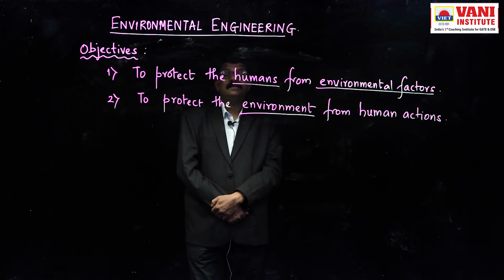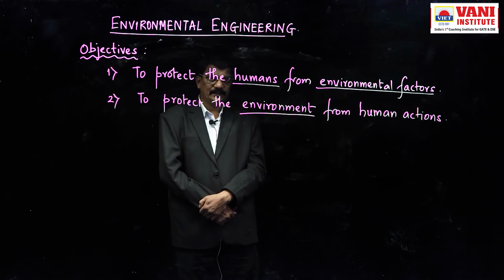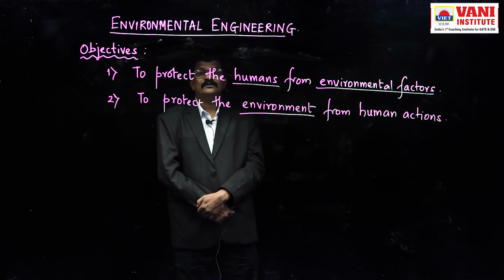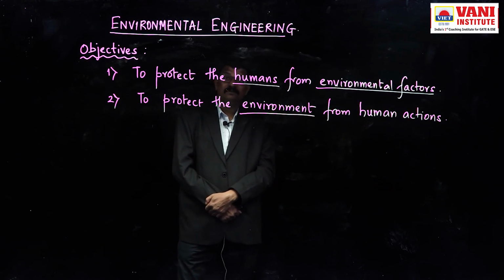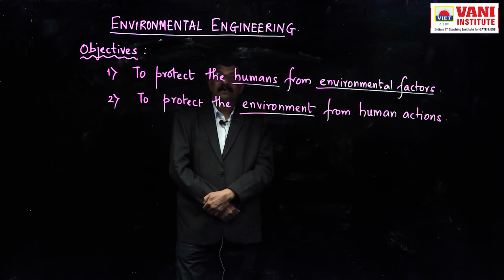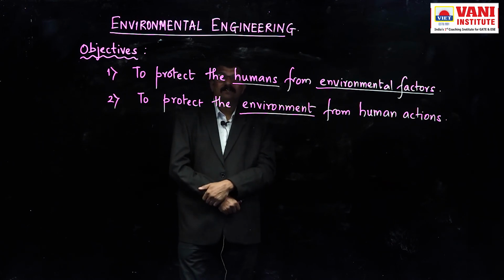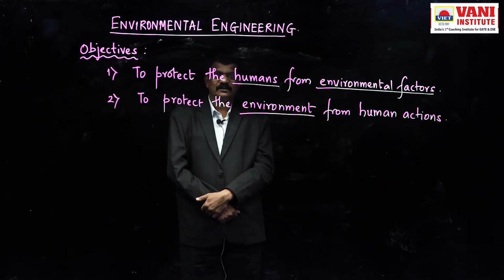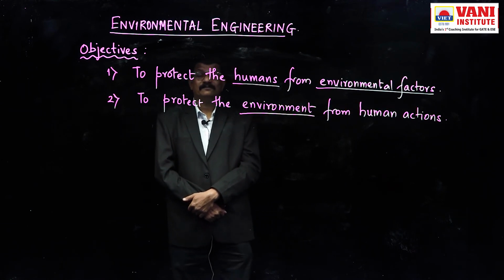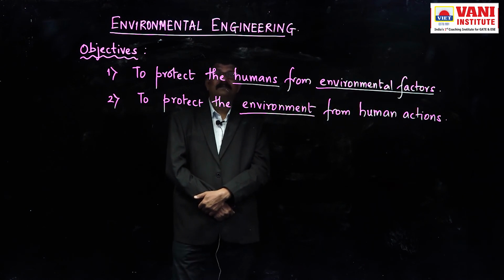The ambience is greatly affected by the noise, and hence it is the duty of the environmental engineer to understand what are the various factors that are affecting the ambience or the immediate environment surrounding the humans, in terms of how the sound quality turns bad.